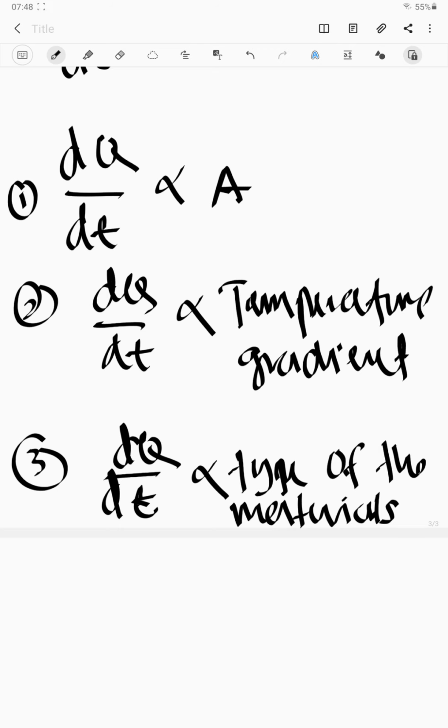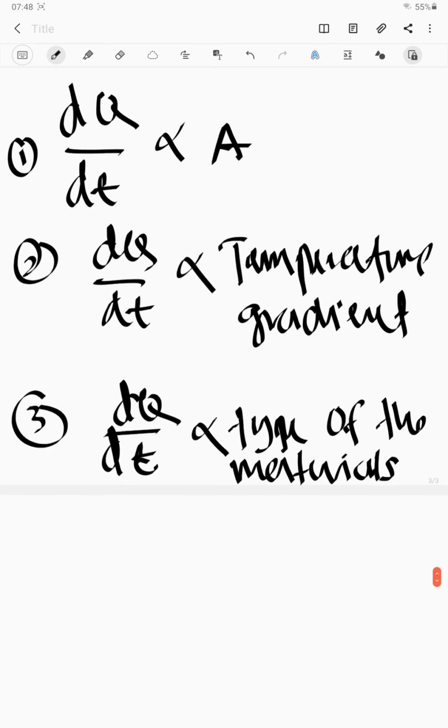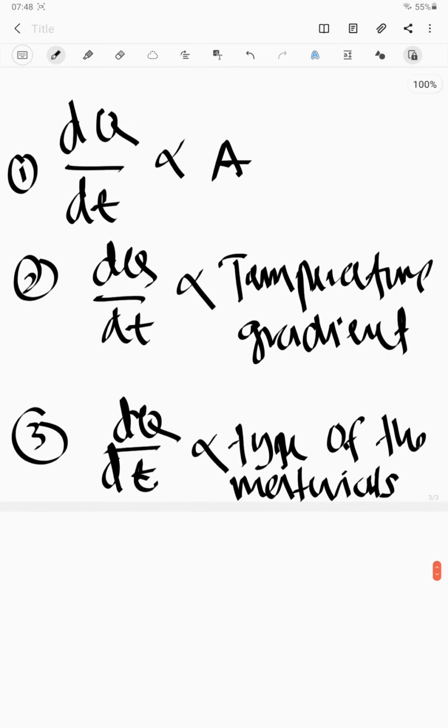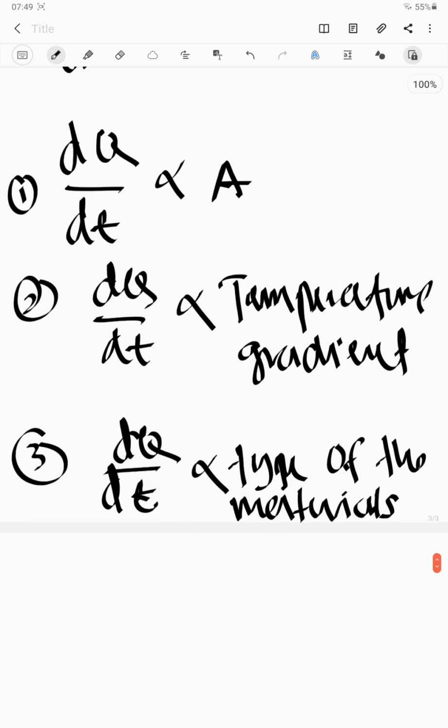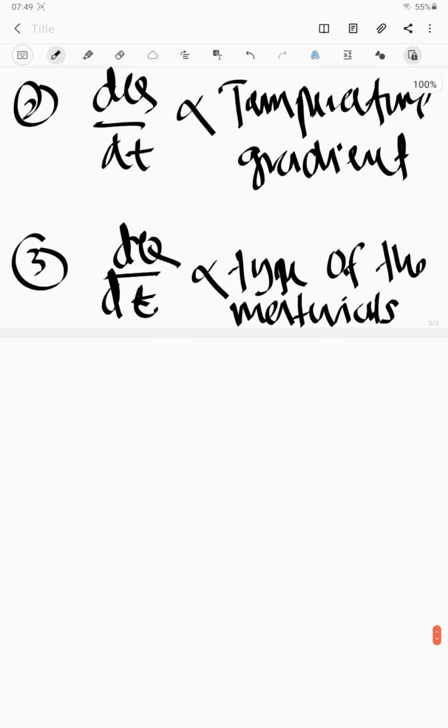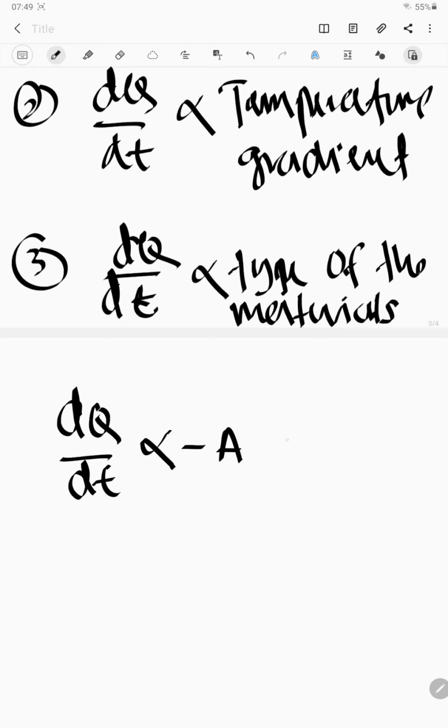So daripada sini, kita boleh terbitkan satu equation, or kita akan dapat relation between the rate of heat flow and the first two factors. Okay, so kita akan dapat the rate of heat transfer is directly proportional to the cross-sectional area and the temperature gradient.